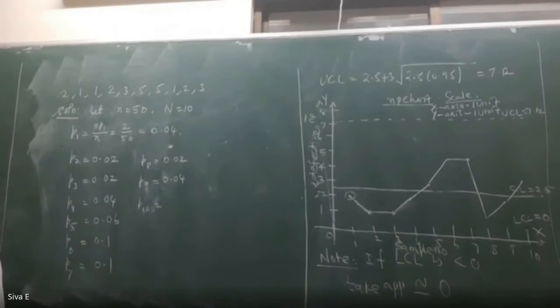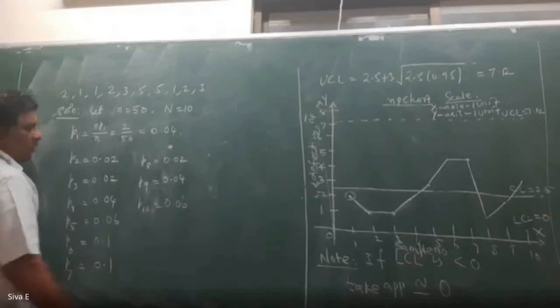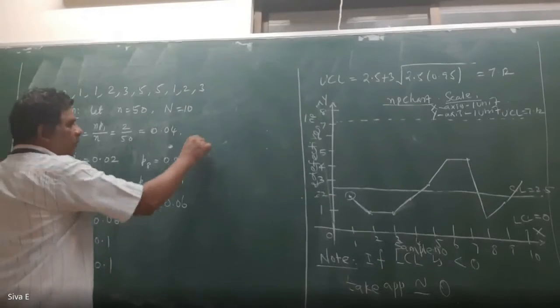Last one, P10, 0.06. Then next you have to find P bar.